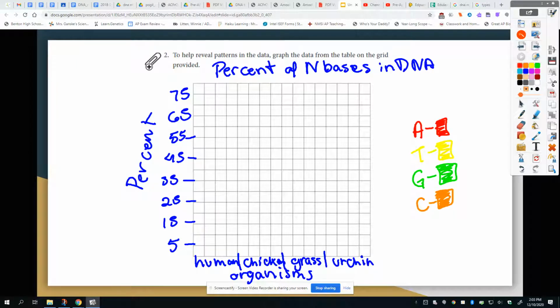And then for each organism, you would draw a bar that would go up to the amount indicated by the data. So for each organism, you would have 4 bars, and what you would notice is that the A's and the T's would be basically the same, and the G's and the C's would be basically the same.